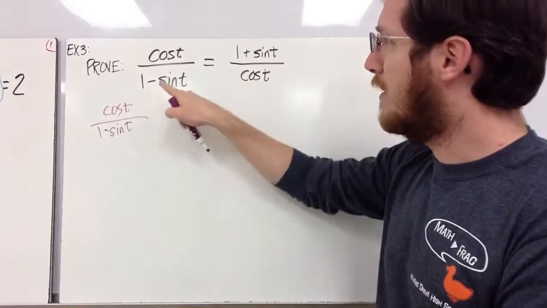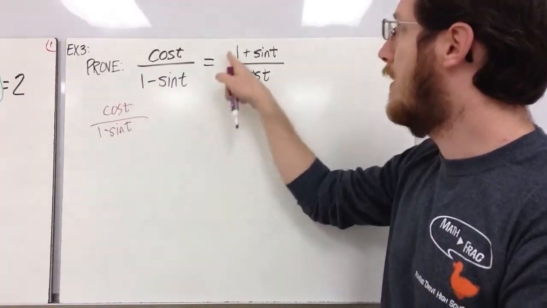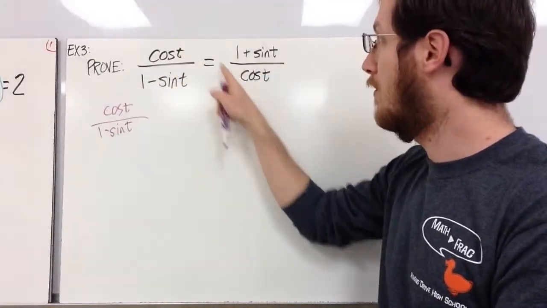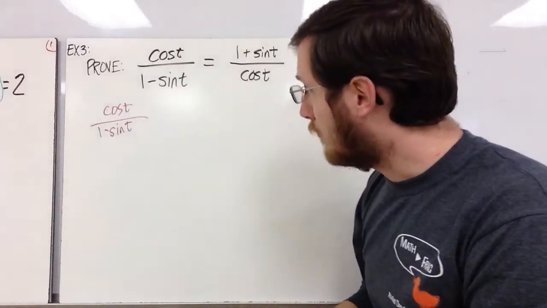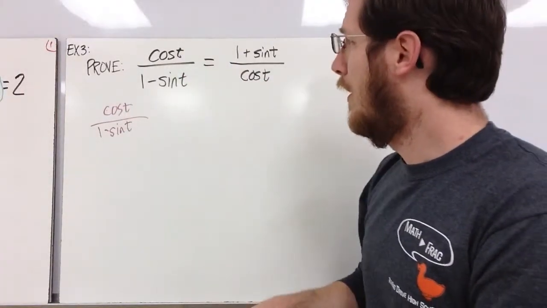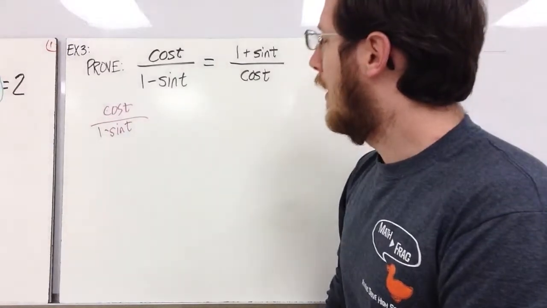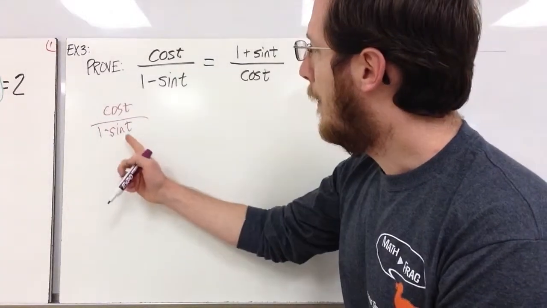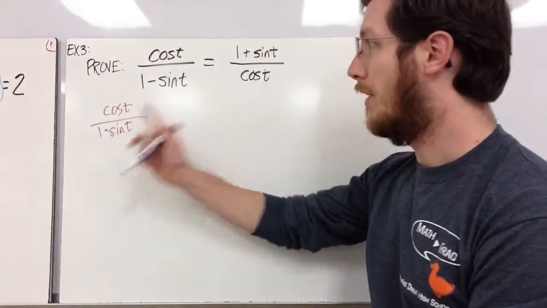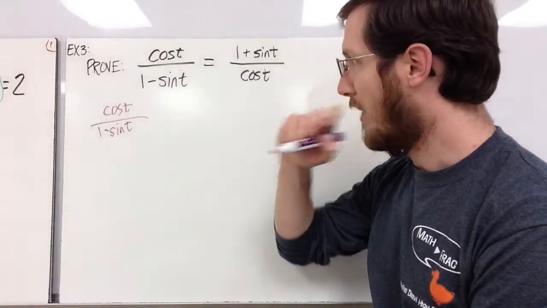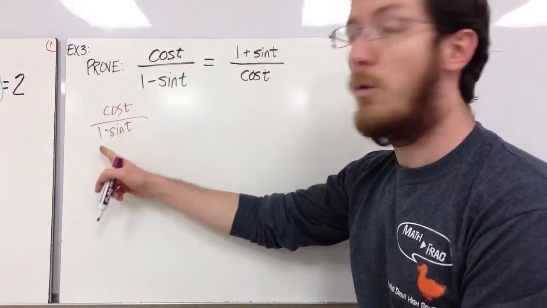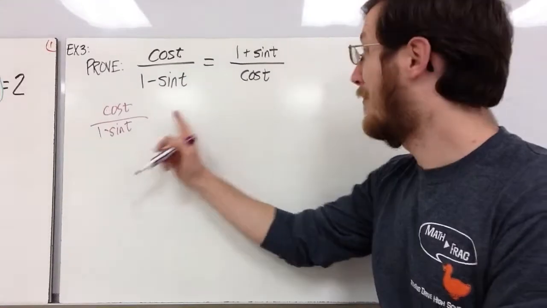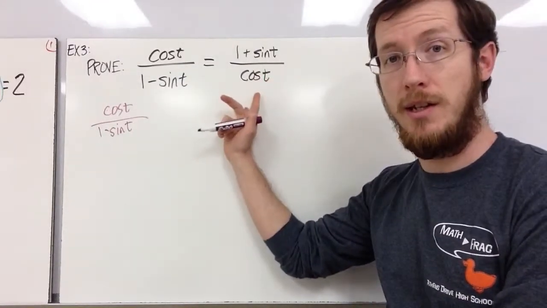I see kind of a similarity here in the 1 minus sine of t and 1 plus sine of t, and then I've got cosine in both of these. Now I know that if I were to make this a difference of squares on the bottom, then I know 1 minus sine squared of t is cosine squared of t.